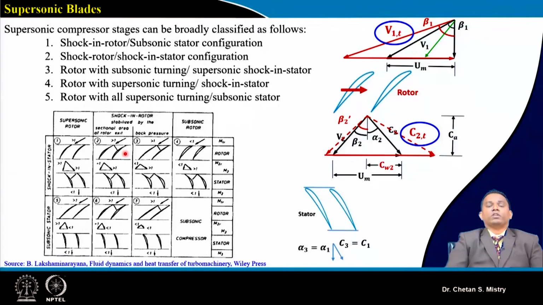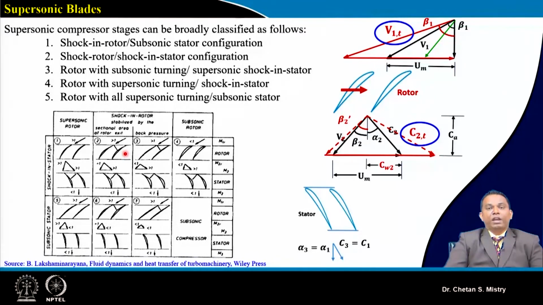During the 40s to 60s, 70s, people designed supersonic compressors which were giving very high pressure rise, maybe in the range of 1.8 to 2.2, 2.3. But the problem they were facing with those compressors was a reduction in efficiency, because they were subjected to very high losses.